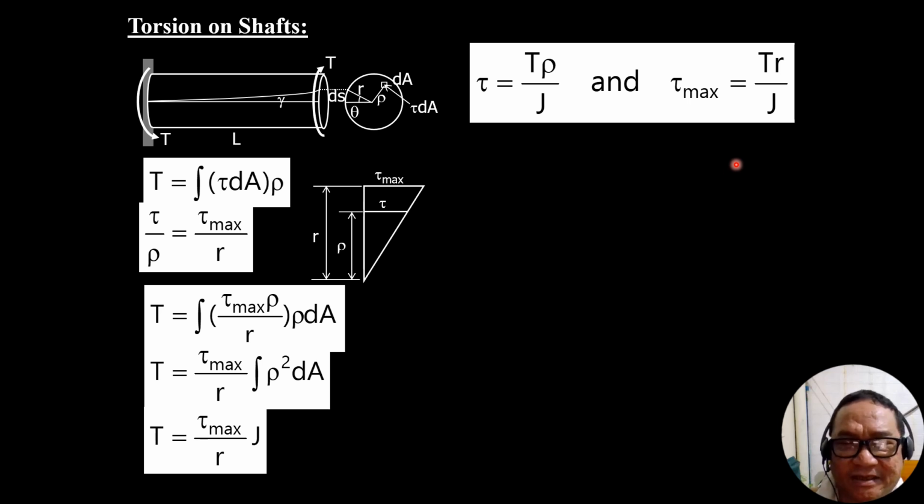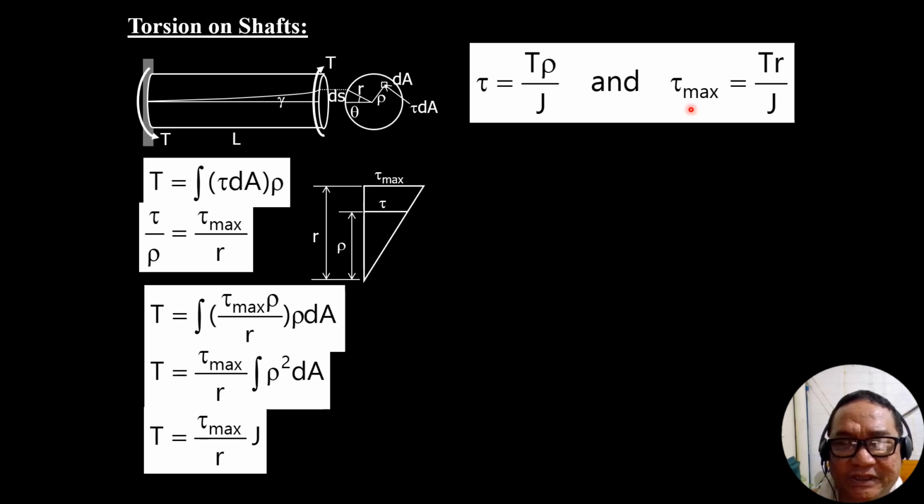Since the polar moment of inertia is Ix plus Iy, and for circular section, Ix equals Iy, equals, in terms of diameter, pi over 64 diameter to the fourth, so that J is double that value, pi over 32 diameter to the fourth, and radius is diameter over 2.